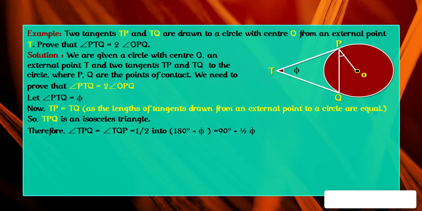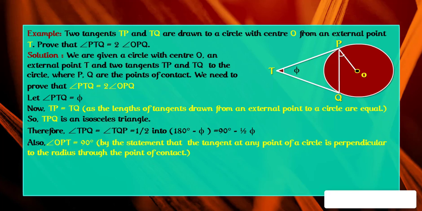Therefore, angle TPQ is equal to angle TQP is equal to half into 180 degrees minus phi is equal to 90 degrees minus half phi. Also, angle OPT is equal to 90 degrees by the statement that the tangent at any point of a circle is perpendicular to the radius through the point of contact.